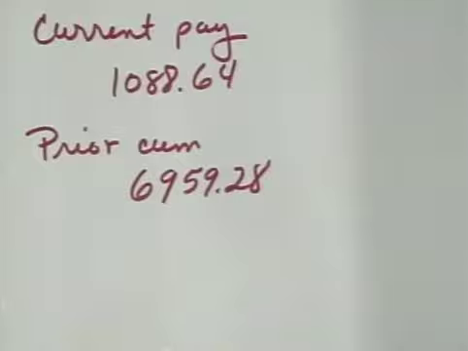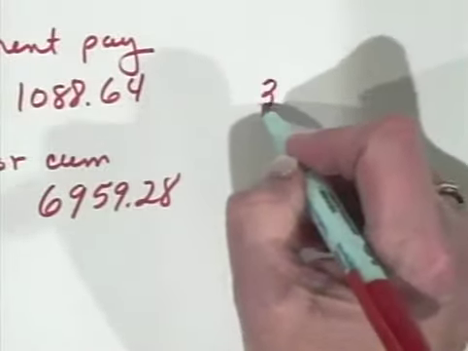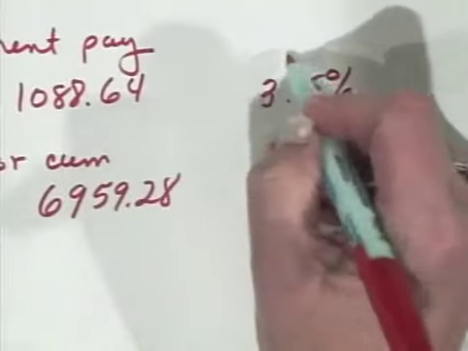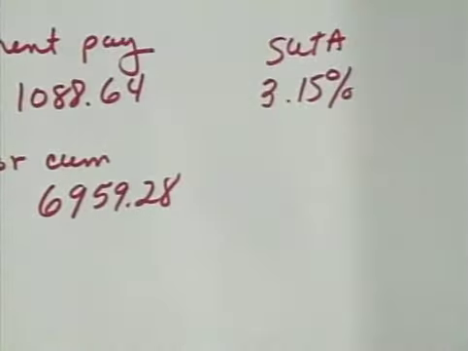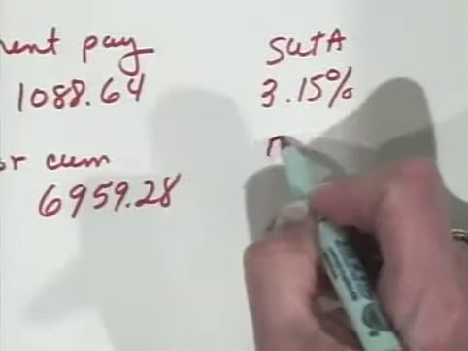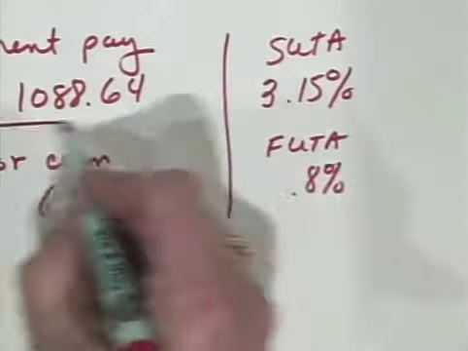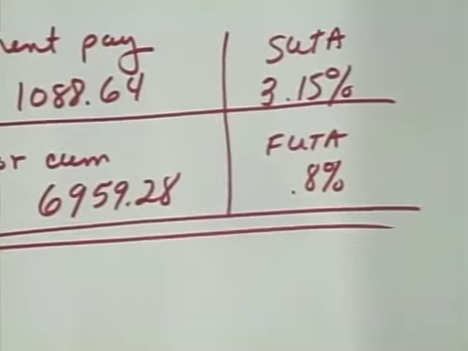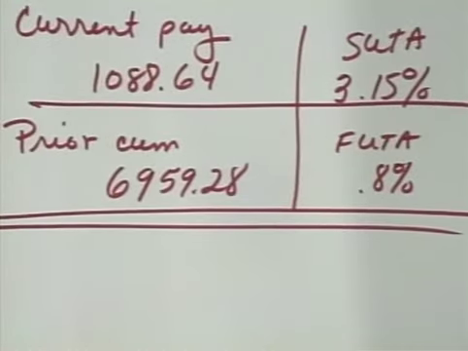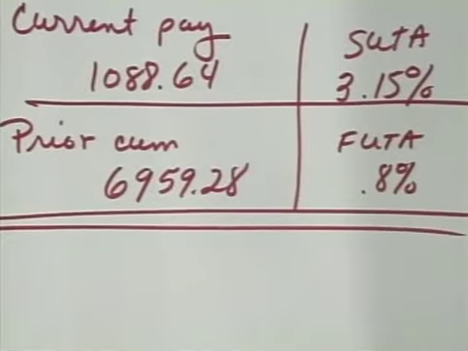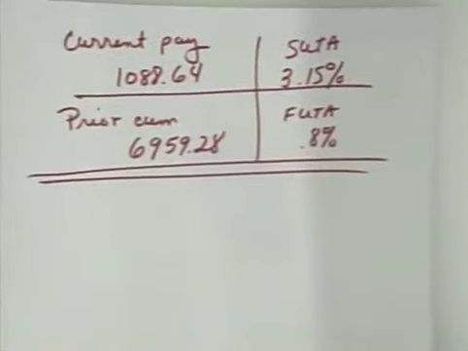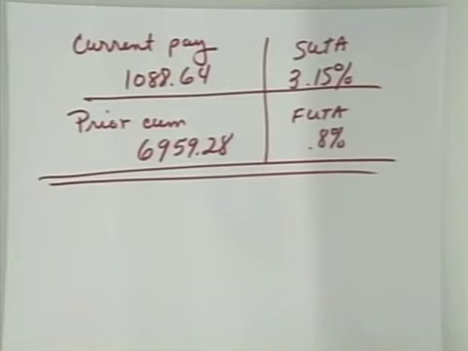We know that the state tax rate for his employer is 3.15%, so that would be the SUTA rate. And I also know that the federal unemployment tax rate is always 0.8%. With those four pieces of information, what we want to do is figure out what his employer owes in state and federal unemployment taxes.